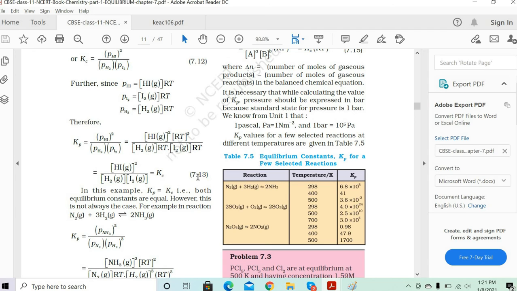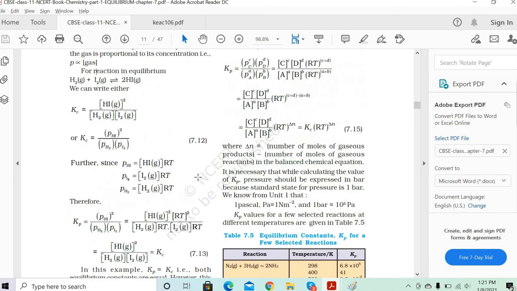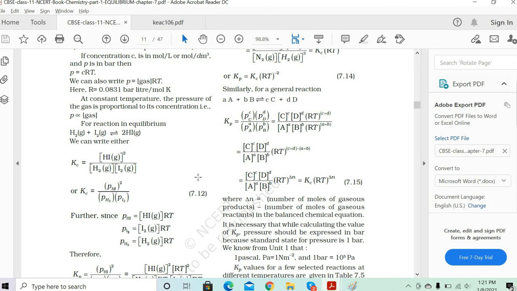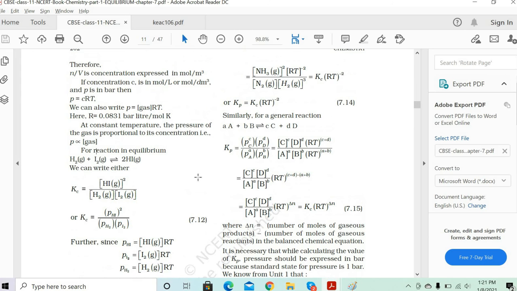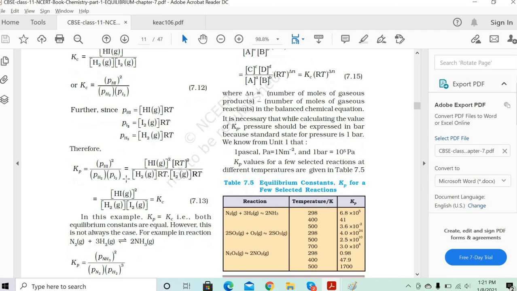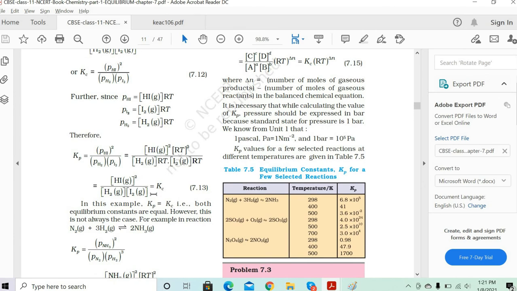Now, okay, so P is directly proportional to the concentration of the gas, and when you equate it, it becomes CRT. Okay, let's try to understand this part now. We'll put the value of P for each of the gases.